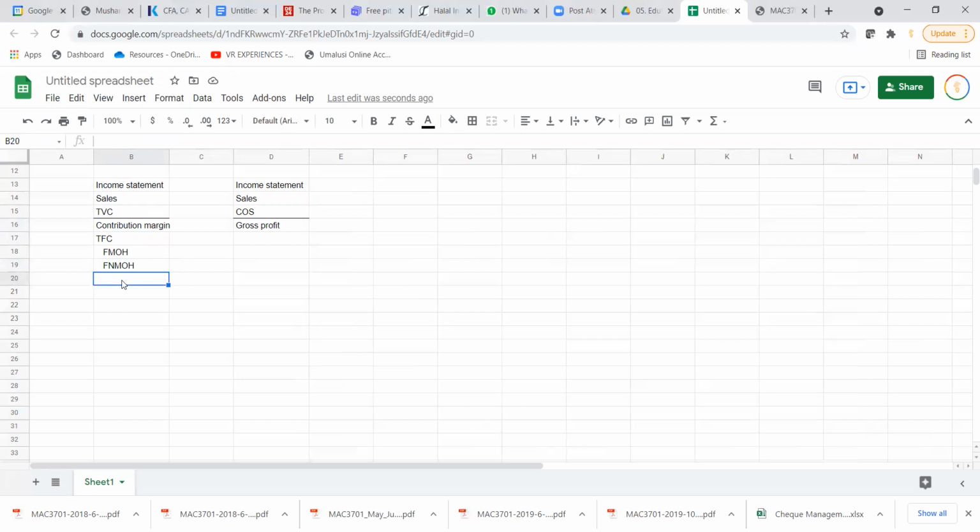The variable costing system distinguishes between variable and fixed. Above the line is variable, below the line is fixed, and that will give us our profit number.